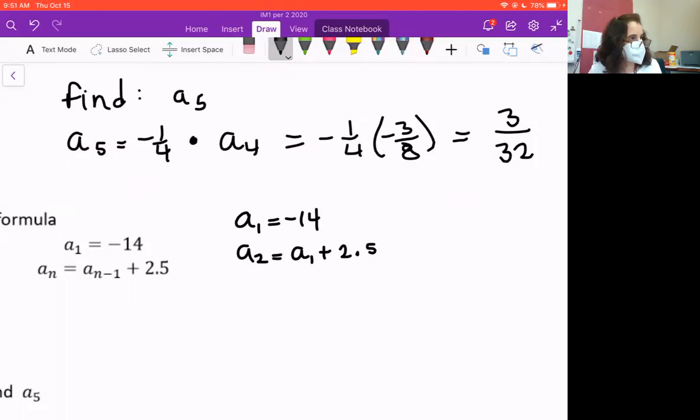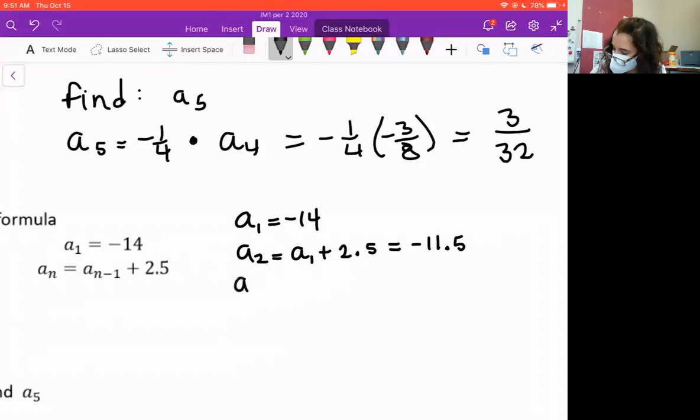If I take negative 14 and add 2.5, what do we get? If we add 2 to that, that'll give us negative 12, and then we have to add the other 0.5. Since it's opposite signs, we get negative 11.5. Okay, well, there's my second term.